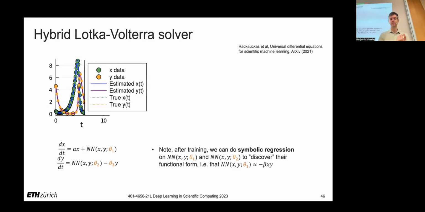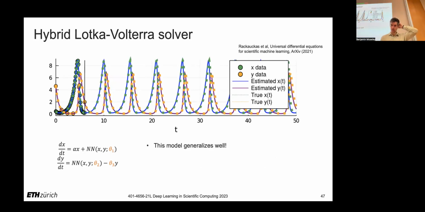Right, so what's really cool about this is that what we're doing here is plotting the solution of the differential equation for later time steps. Remember, we only trained the model, these neural networks, on these first time steps here.